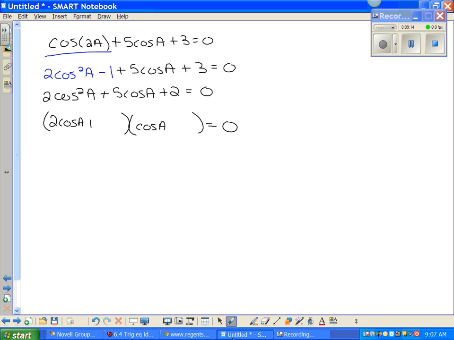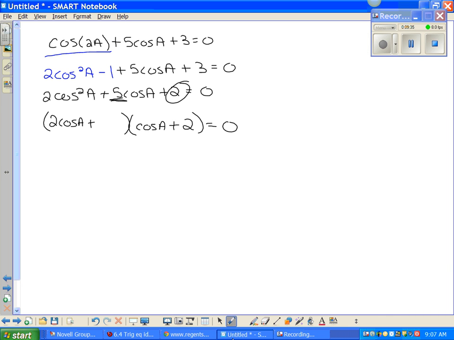Yep, both going to be positive. Well, my only options are what? 1 and 2, right? It's got to multiply to be 2 on the end. So my only options are 1 and 2. It's just going to depend on where I'm going to put them. I want it to add to be 5 when I FOIL it back out.